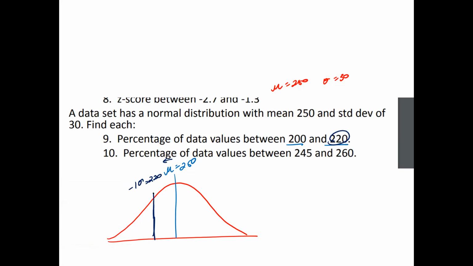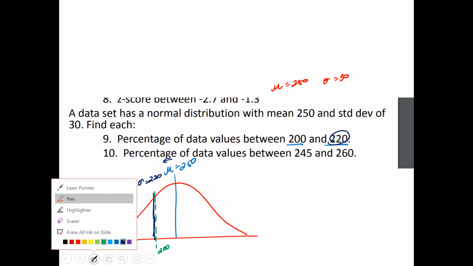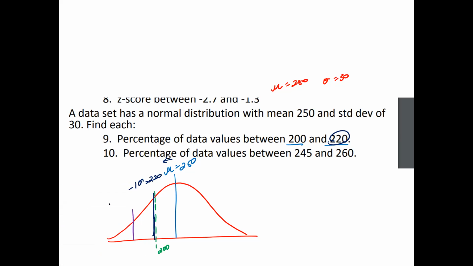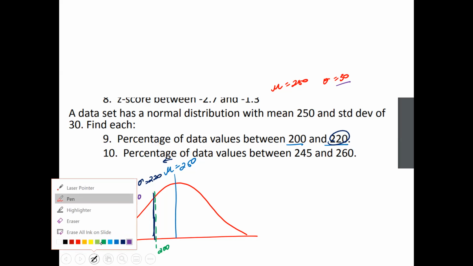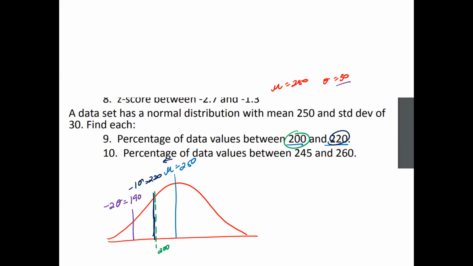So your first part is going to be right here at 220, okay? And then you want to look at the -2 standard deviation, which is 220 minus 30. So that's going to be 190. And so your second one is going to be 200. So that's just slightly over.